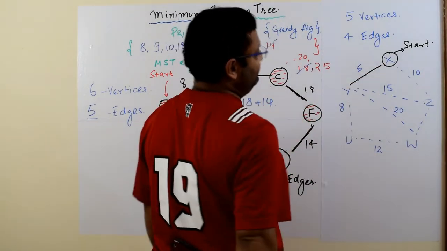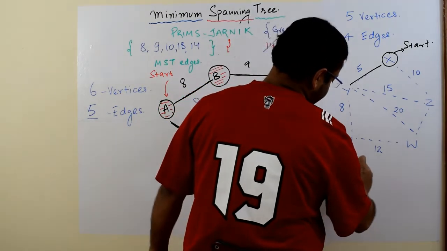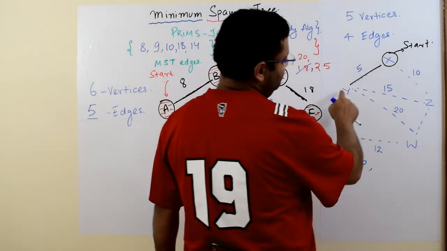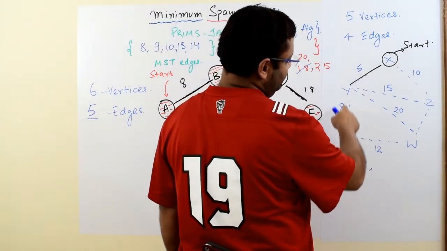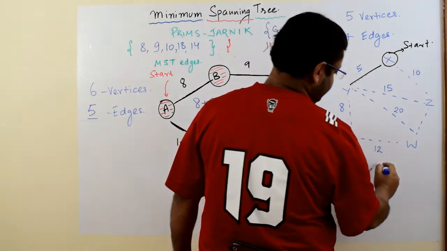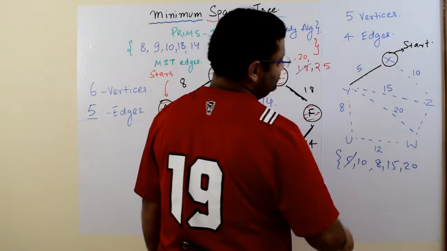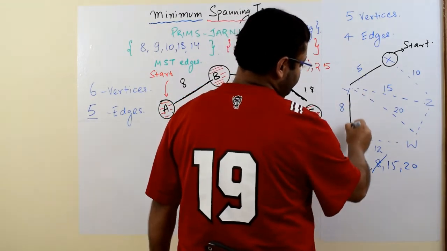I selected this 5, and in my collection I added 5 and 10, and I selected 5. Now this node Y is also discovered. What are the edges corresponding to Y? 8, 15 and 20. Let me add 8, 15 and 20. Out of this, the minimum is 8. Let me include it into the minimum spanning tree.